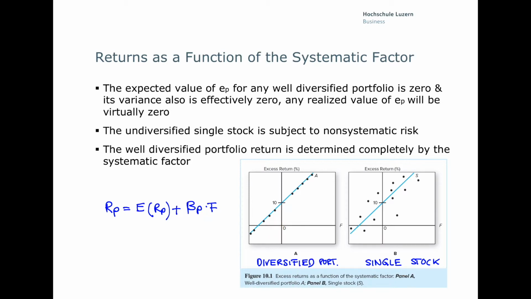Panel B plots the excess return of a single stock. As this is undiversified, it's subject to non-systematic risk. This is seen in a scatter of points around the line. The well-diversified portfolio's return in panel A, in contrast, is determined completely by the systematic factor.